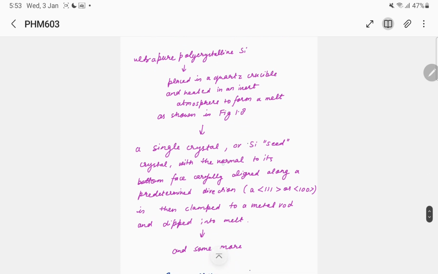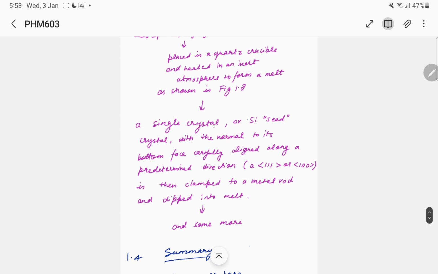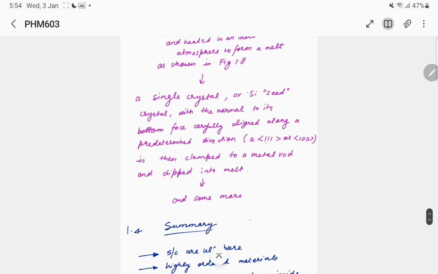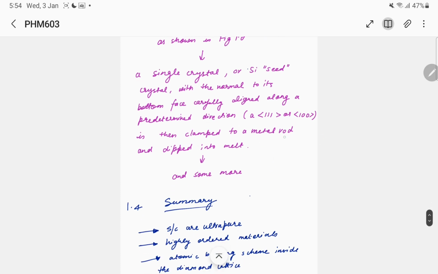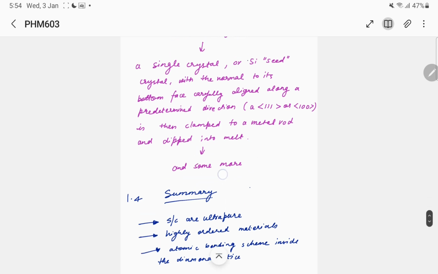Then we have a single crystal or silicon seed crystal with the normal to its bottom face carefully aligned along a predetermined direction, either the <111> direction or the <100> direction, and this is then clamped to a metal rod and dipped into the melt, and then some more steps.